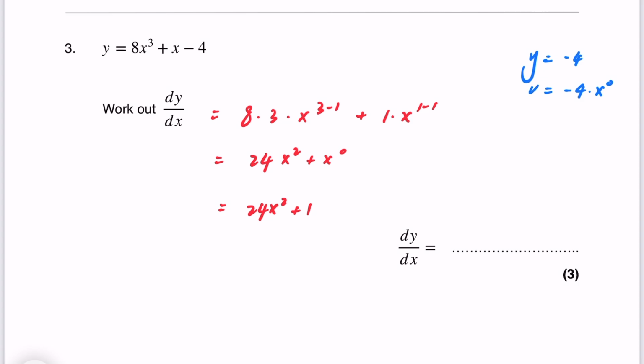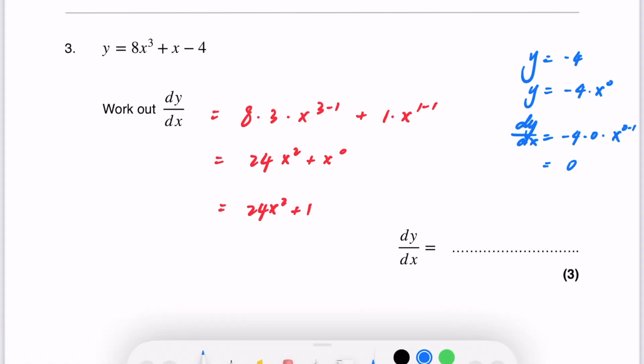Okay, so now that we got y equal to minus 4 times x to the power of 0, if we were to differentiate it, dy dx would equal to minus 4 times 0 times x to the power of 0 minus 1. And then you realize, okay, it's minus 4 times 0 times something else. So the final answer would definitely equal to 0. This is how it got cancelled out after the differentiation. Alright, and then let's move on to the next part.